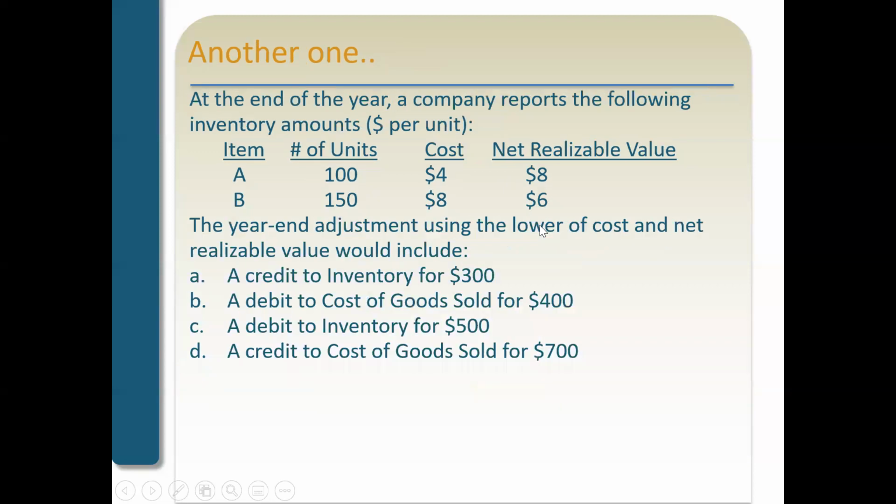Okay. How about this one, guys? At the end of the year, a company reports the following inventory amounts. The year-end adjustment using the lower of cost and net realizable value would include what? What's it going to include there?